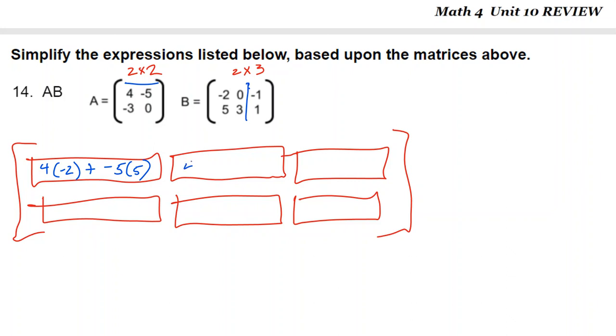Then we're going to do 4 times 0, and negative 5 times 3, and then 4 times negative 1, and negative 5 times 1.